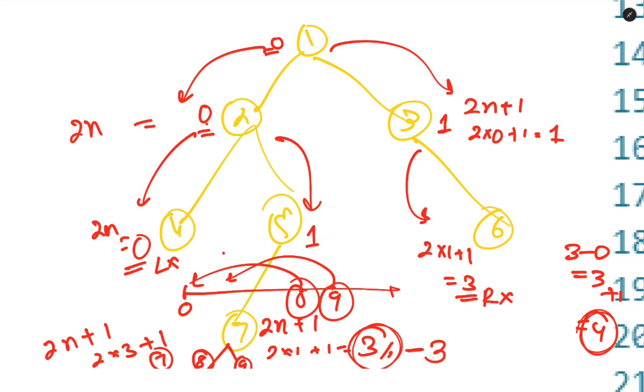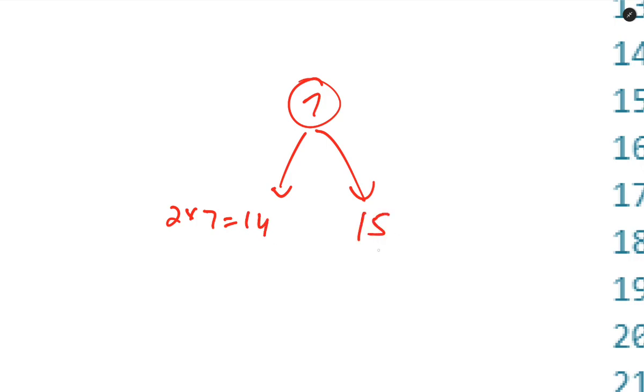And 9 also comes back 6 times. So 8th new index will become 0, ninth new index will become 1. So it will not change the answer, but you got the point, right? If I am having 7 here, if I am at this some seventh index, and if I do 2n, so it becomes 2 into 7, which is 14, and this becomes 15. And then this 14 will become what?